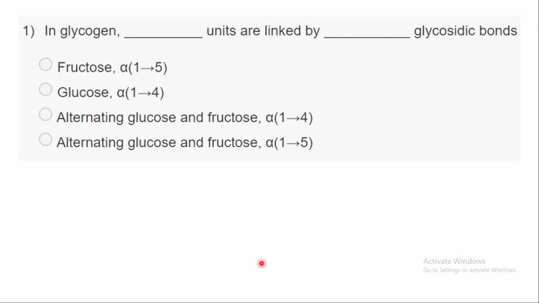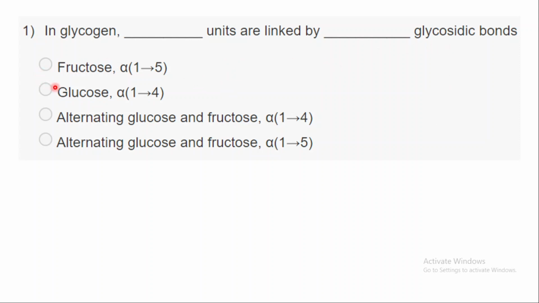The first question that we are going to solve is on your screen. I'll read out the question for you. In glycogen, dash units are linked by dash glycosidic bonds. In the molecule of glycogen, what are the units and what kind of glycosidic bond are they linked with?